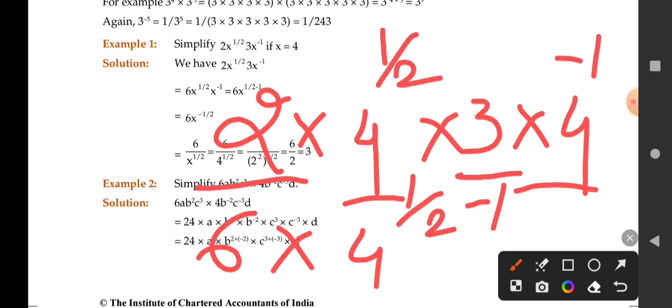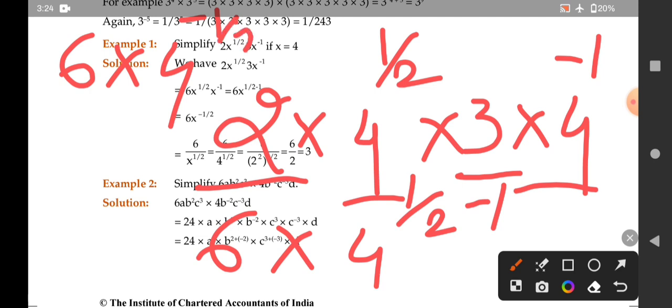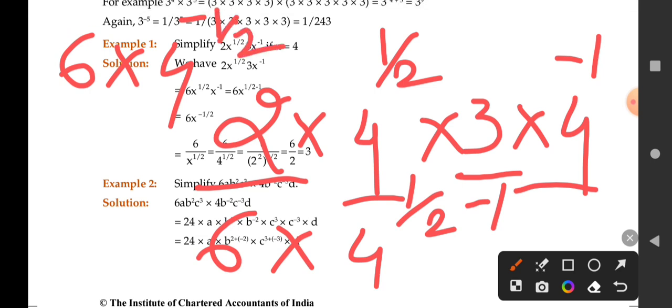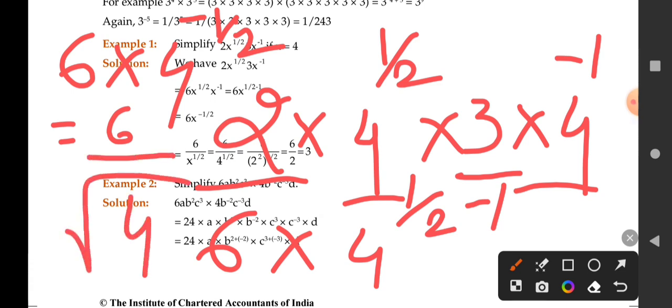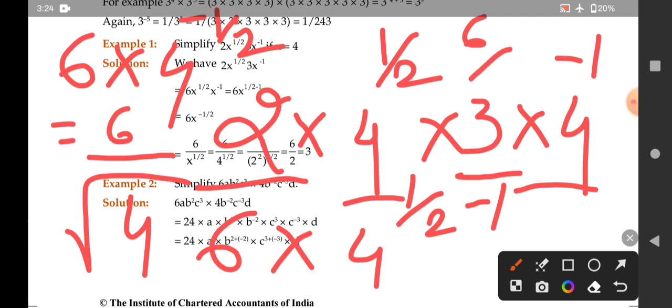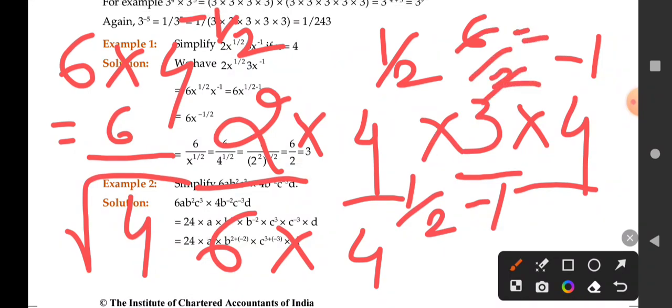So what do you get? 6 into 4 raised to minus 1 by 2. What does this mean? 6 divided by square root of 4. So 6 divided by 2, which is 3.